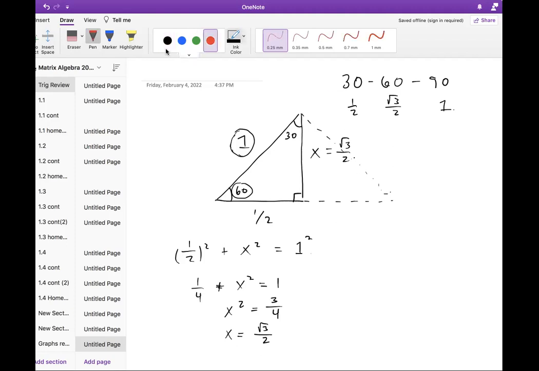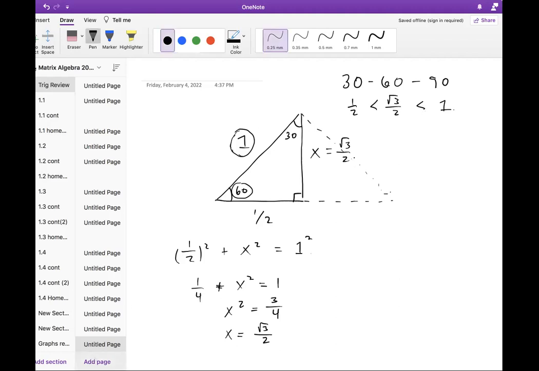So this also tells you a relationship between these values. If you don't know what radical 3 is, well, it's obviously bigger than 1/2, because radical 3 is bigger than 1. This could help you remember the values, if you just remember that property that larger angles are opposite larger sides.